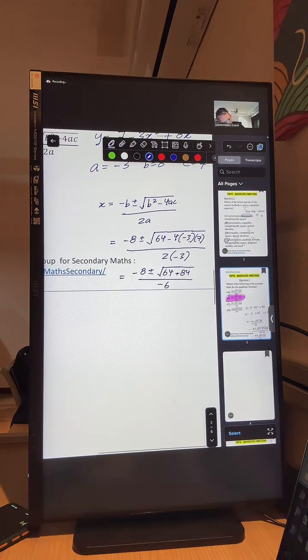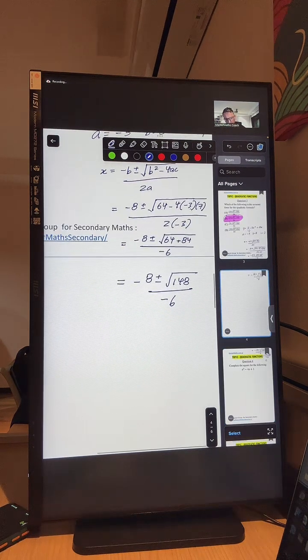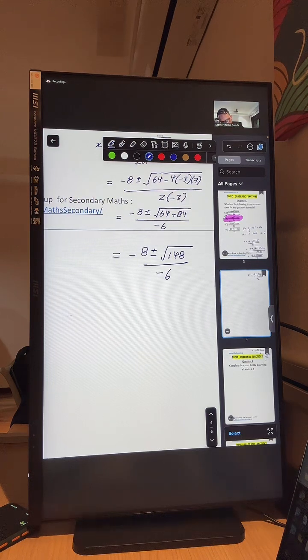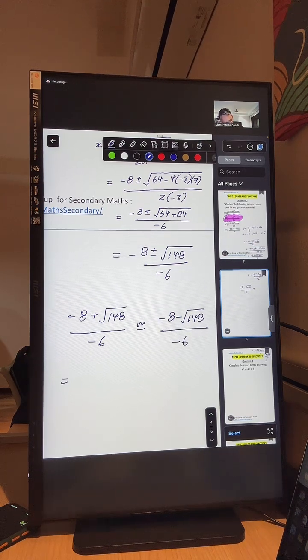Minus 8 plus minus square root 148 over negative 6. Now, what are our two values of x going to be? It's going to be minus 8 plus square root 148 over negative 6, or negative 8 minus square root 148 over negative 6.